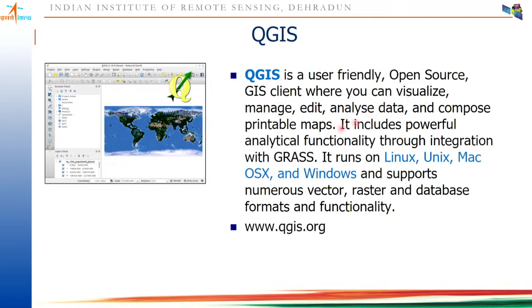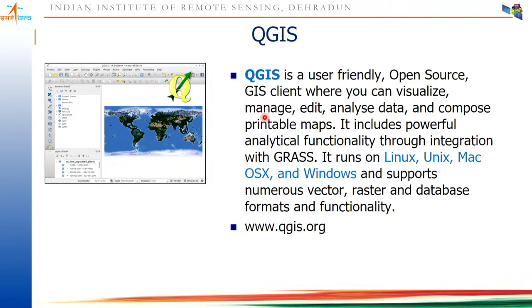Here you can visualize spatial data, all kinds of satellite images, all kinds of raster and vector data, any kind of data that you collect from the field, any kind of data which is available on the web. So these web map services can also be consumed inside QGIS.